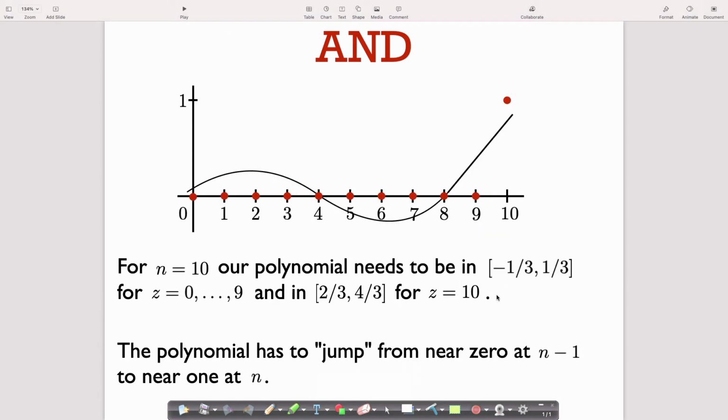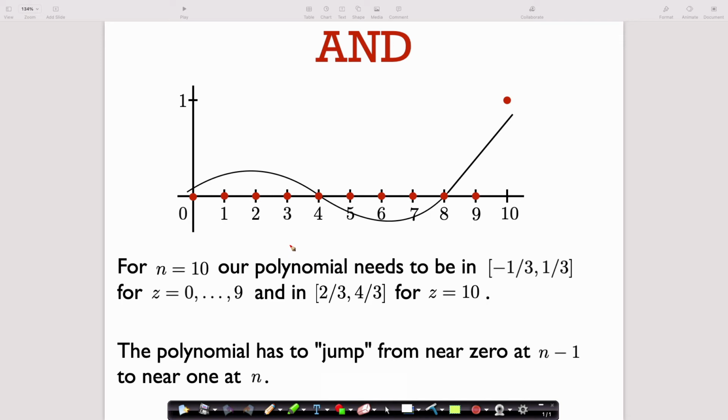So now I'm going to look at this symmetrized picture for the AND function. Let's say that n equals 10. So originally we're talking about the AND function on 10-bit strings, but now I've moved to this symmetrized picture. So you should think of 0, 1, 2, 3 here as representing the number of ones in the input.